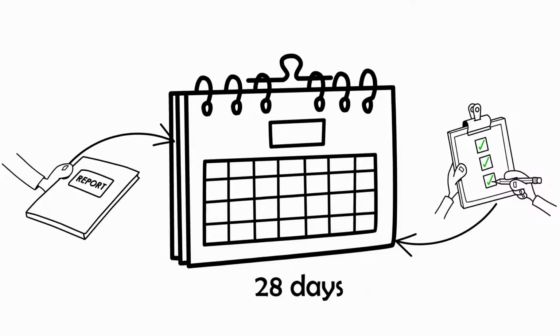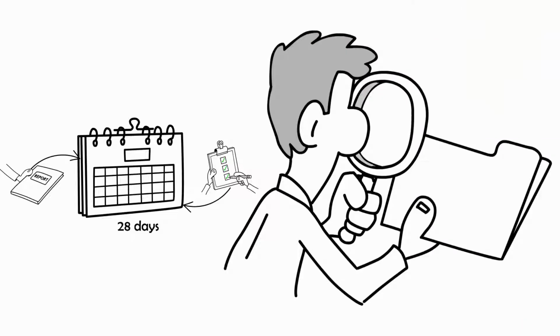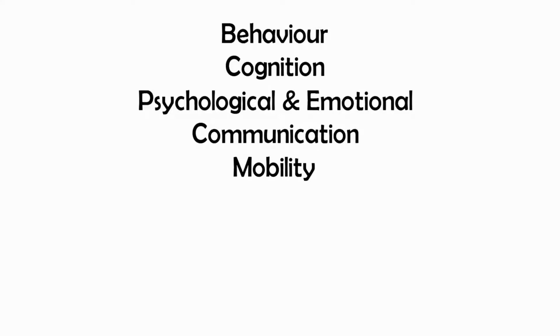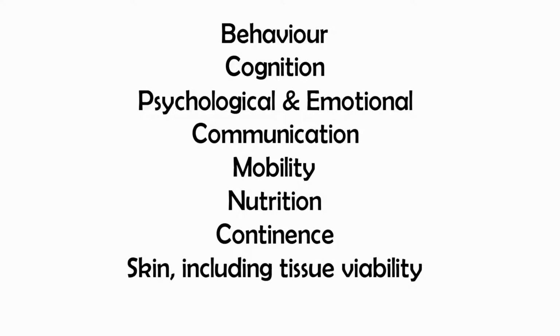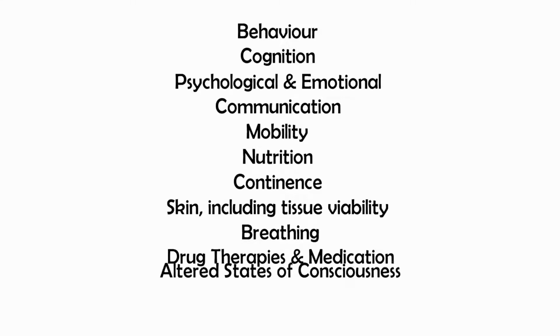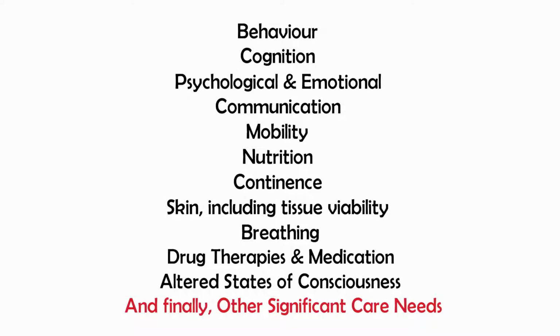Both stages of the assessment process will look at your care needs across several broad areas known as care domains. These are behaviour, cognition, psychological and emotional, communication, mobility, nutrition, continence, skin, including tissue viability, breathing, drug therapies and medication, altered states of consciousness, and finally, other significant care needs.